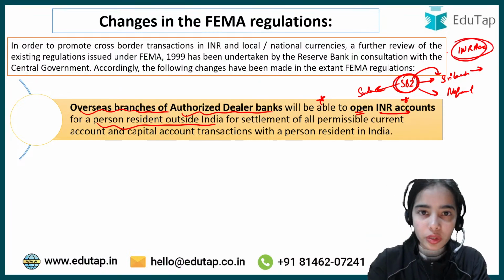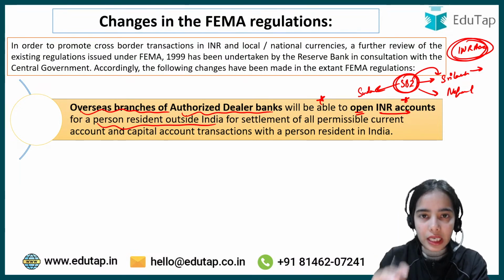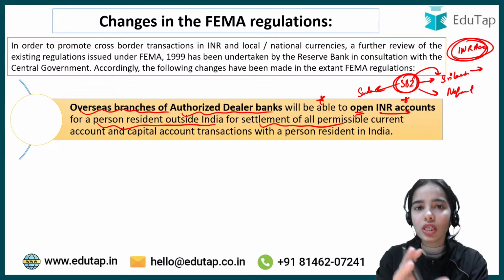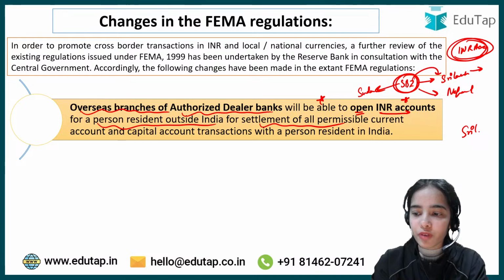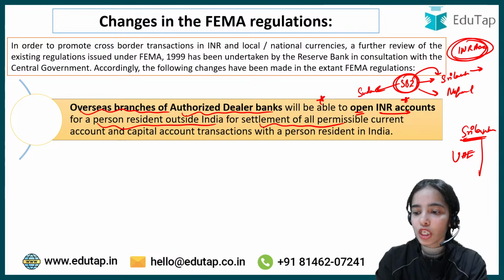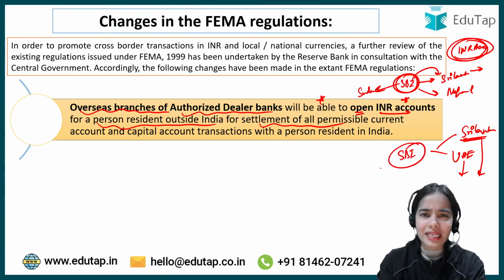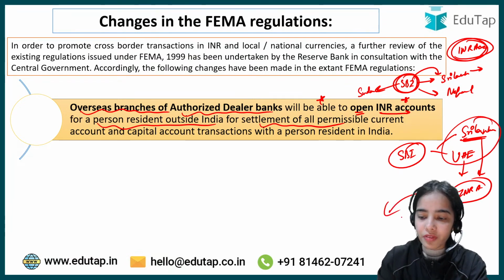Now this account for the person resident outside India, and the money in this account, can be used for settlement of all permissible capital and current account transactions. That means if there is someone living in UAE or in Sri Lanka, and the State Bank of India or the PNB or the ICICI Bank have branches in these countries and have opened the INR account for the citizens of these countries, they will be able to send the money to India.